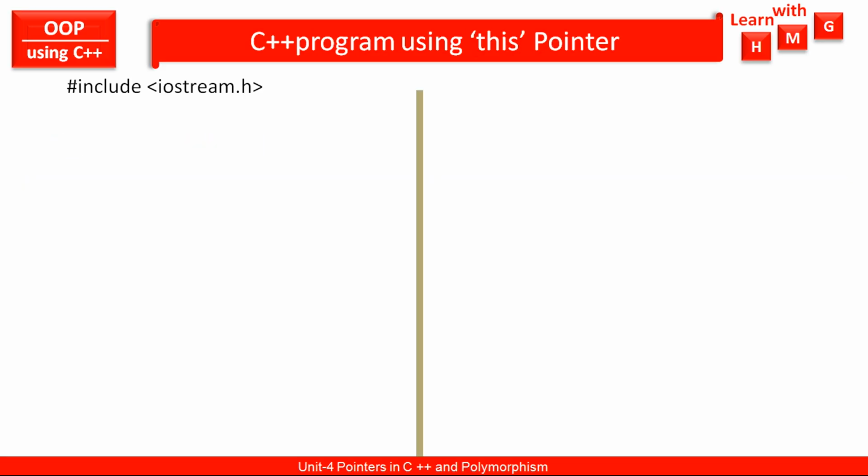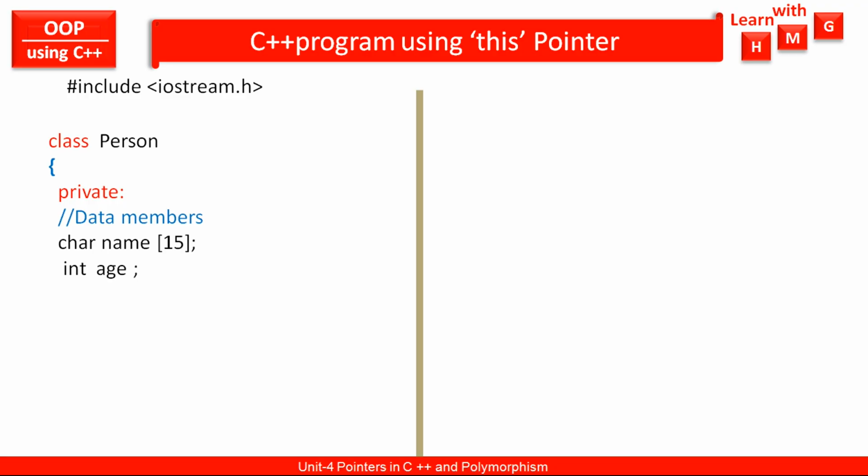As usual, include the header file iostream.h. Let us declare a class person with two data members name and age. In the private section, name is a string and hence it is declared as a char type array having size 15, and age is an integer value. Then in the public section, the first member function is getperson, which will accept the value of name and age data members.